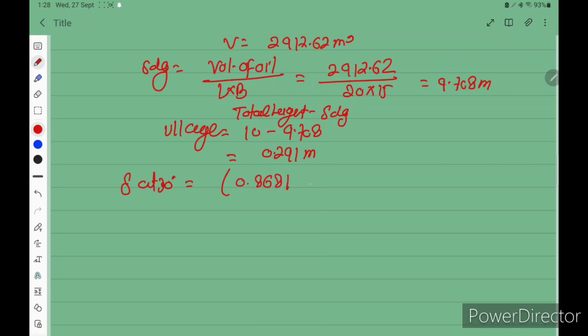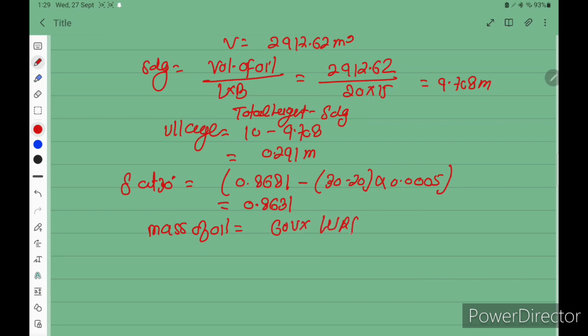So the density at 30 degrees is given in the question as 0.8681, but we need to find it at 20 degrees. So 30 minus 20, 10, into coefficient of expansion, we get 0.8631. Now mass of oil is equal to GOV into weight reduction factor. So what is the weight reduction factor?